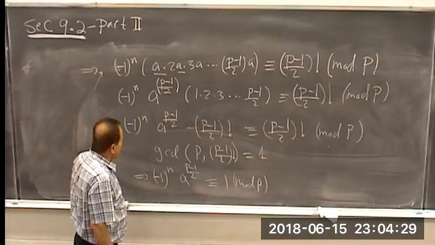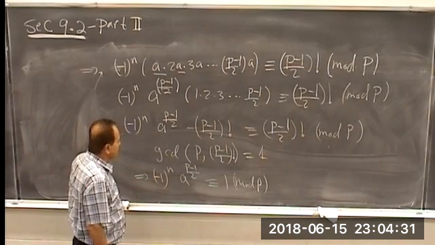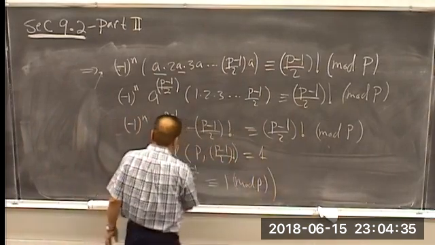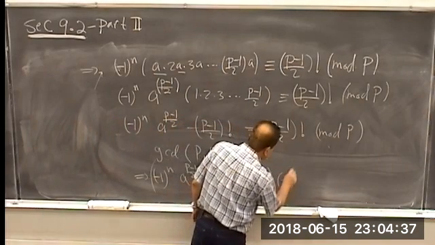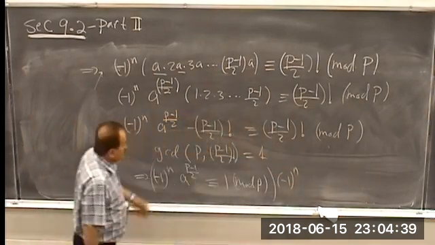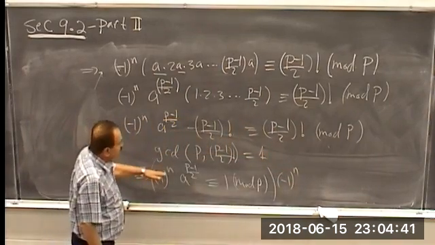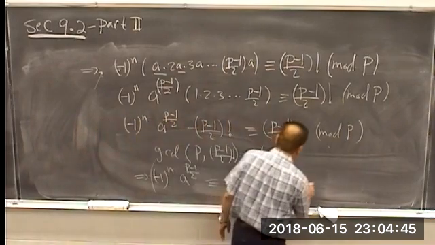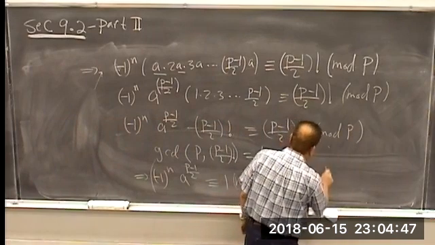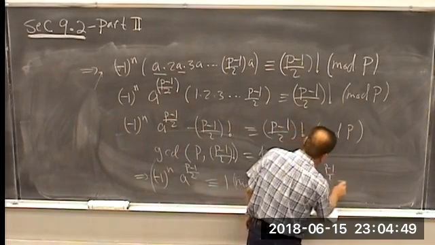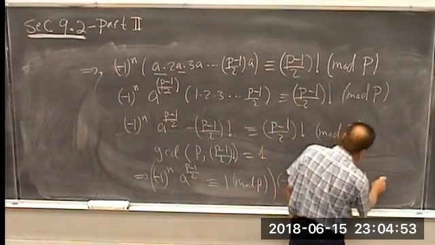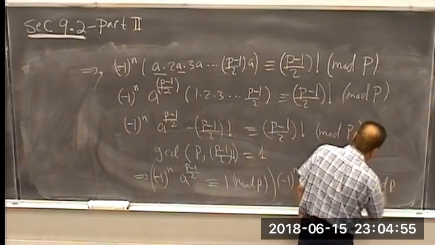And now we can multiply both sides of this by (−1)^n. So on the left side, it becomes (−1)^(2n), which is always equal to 1. And on the right side, it's going to be (−1)^n mod p.